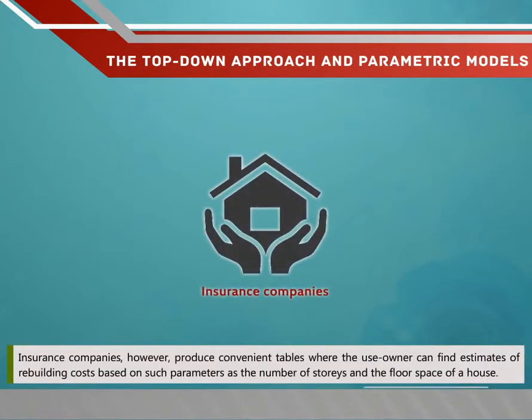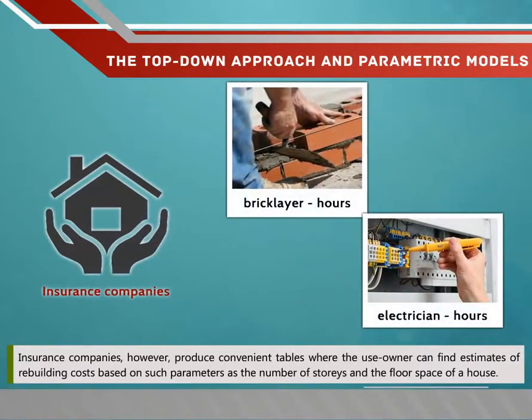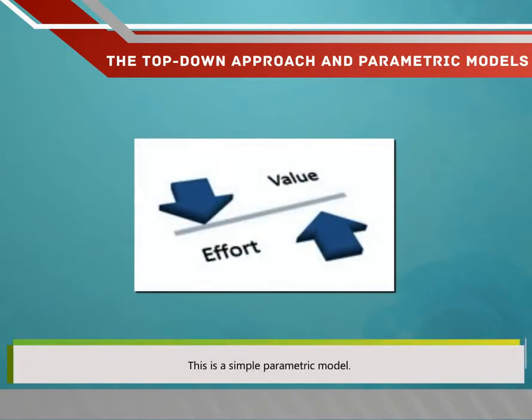Insurance companies, however, produce convenient tables where the house owner can find estimates of rebuilding costs based on such parameters as the number of stories and the floor space of a house. This is a simple parametric model.